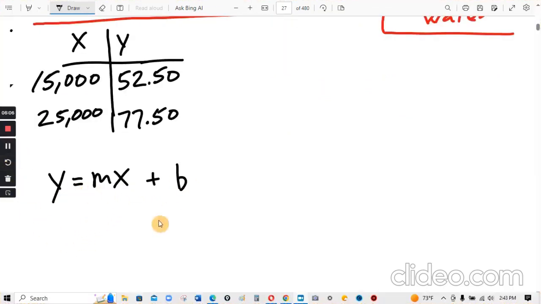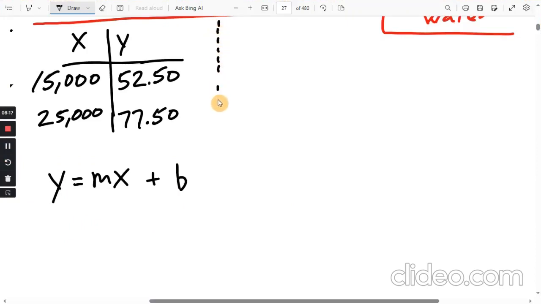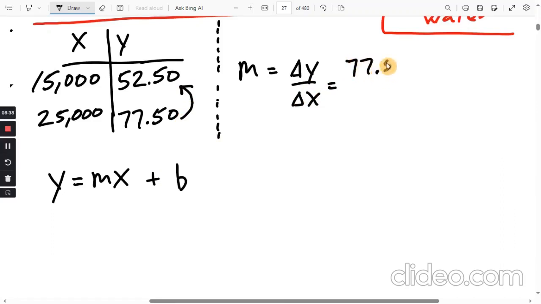All right, we want an equation y equals mx plus b. You can do point slope first if you want, and then convert it. I'll do it the other way for now, since we've been doing a lot of point slope. Let's find the slope m. Okay, we know that's just change in y over change in x. So subtract going the same way. I'd rather keep it positive, so I'm going to do 77.50 minus 52.50. And in the denominator, I'll do 25,000 minus 15,000.